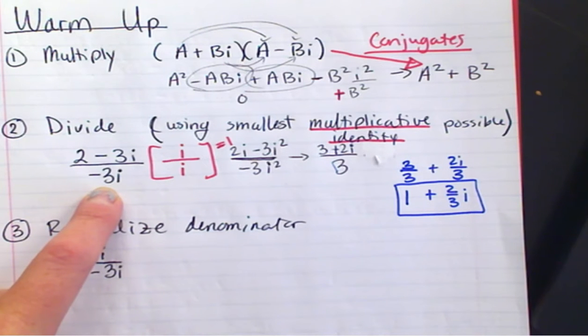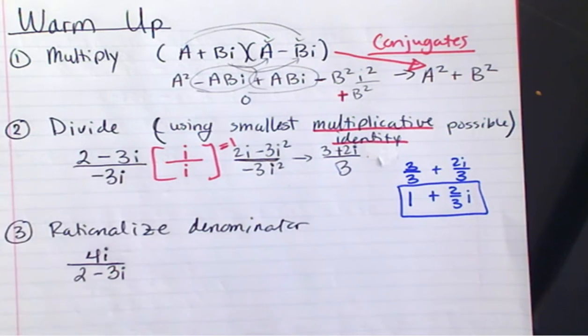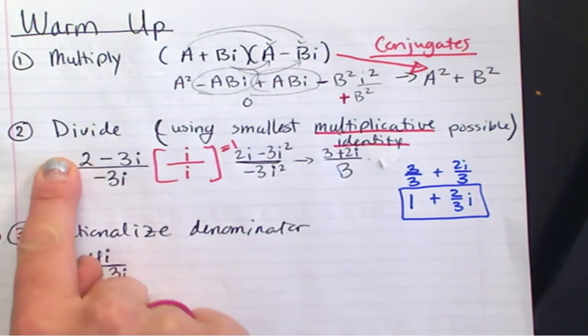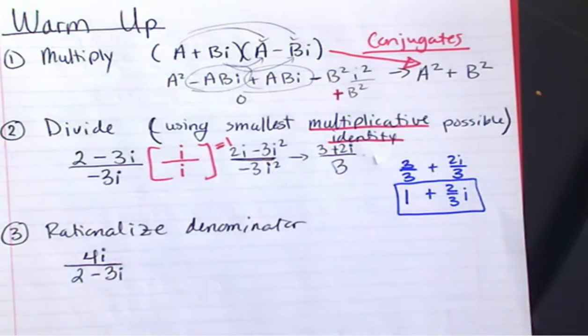They do not equal 1. Right? You have to divide both the 2 and the 3i. You can't just cancel it out in one place and say 2 minus 1 or 2 plus 1. You can't do that. Make sure that you're following the, I don't know, properties correctly.